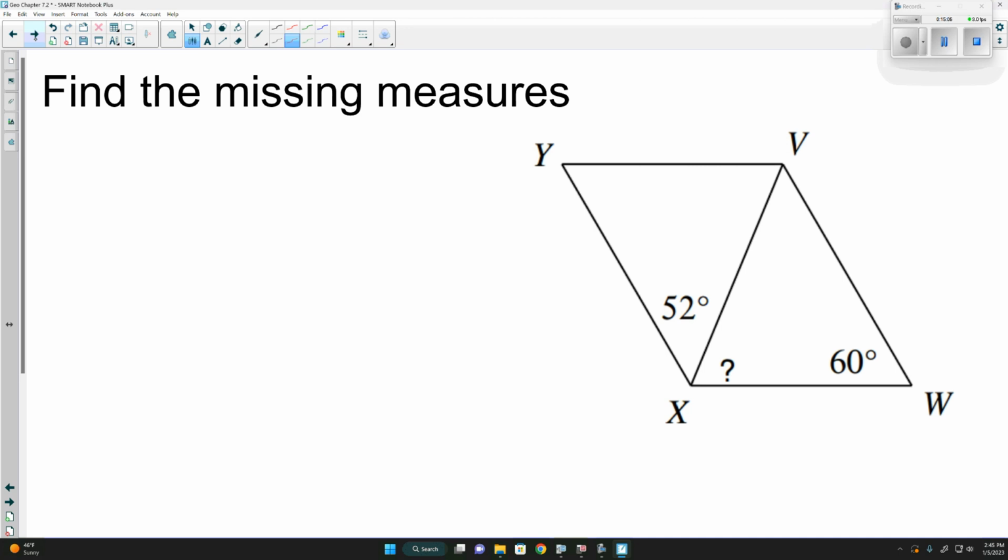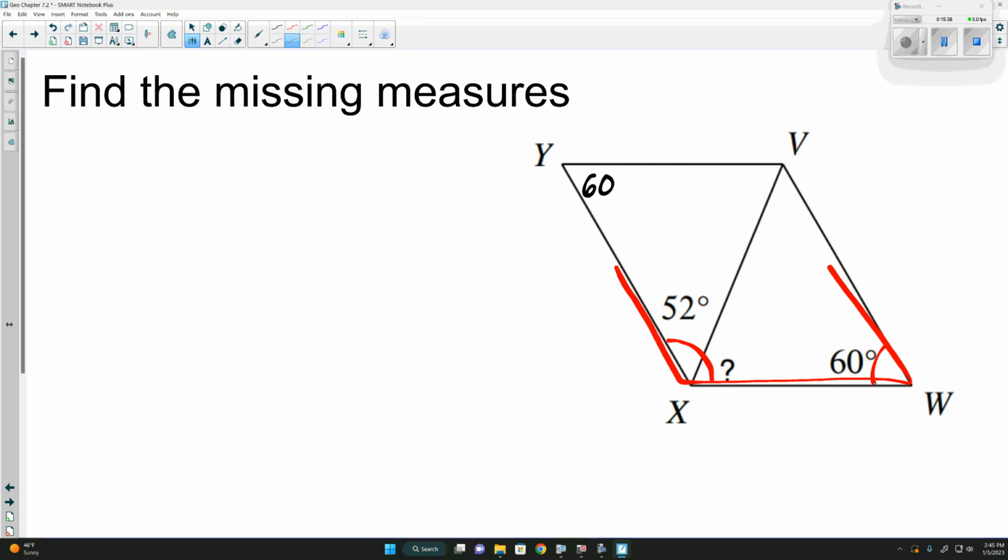So, angle Y is what? 60. It's kind of nice to know, we don't absolutely have to know it, but 52 in our missing angle and angle W are consecutive angles, yes? As a whole. So these two angles plus 60 should be what? 180.